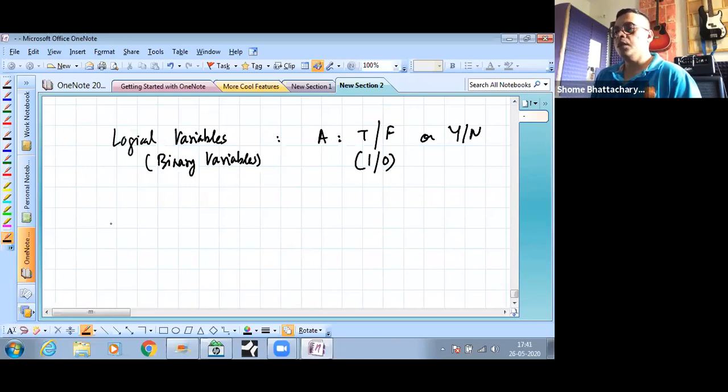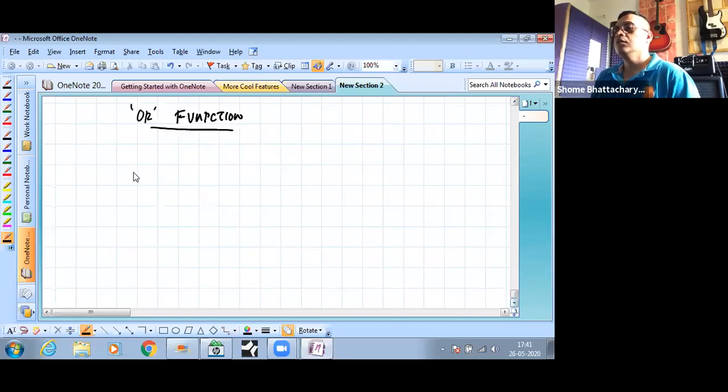So as you know, the OR function is such that if we say C is equal to A or B, it means that A is equal to true, B is equal to true, implies C is true.